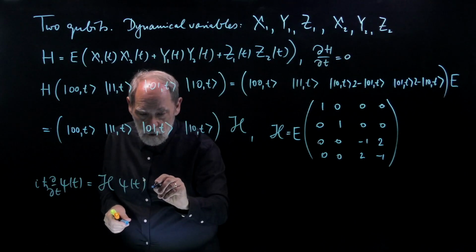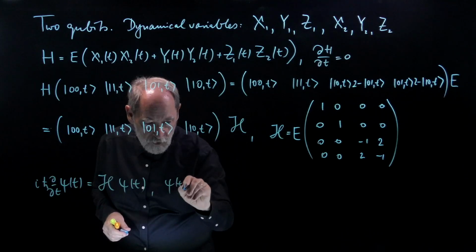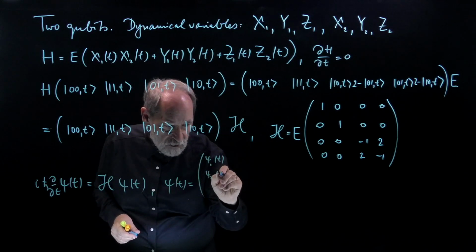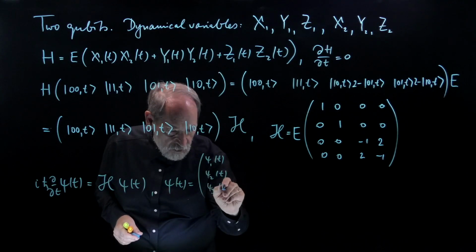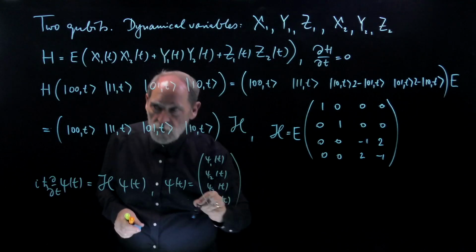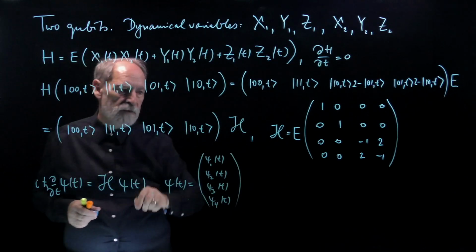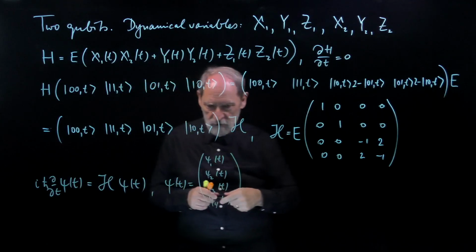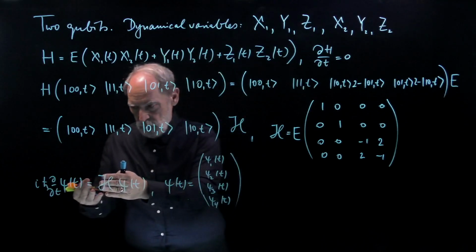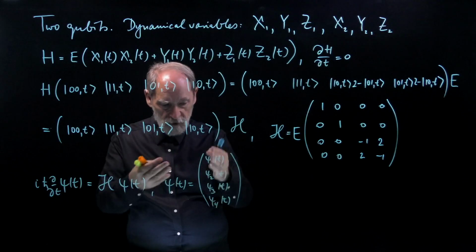So if we look at the components of psi, that's psi 1 of t, psi 2 of t, psi 3 of t, psi 4 of t, referring to the first, second, third, and fourth of the basis kets, we have equations for the time dependence of psi 1, psi 2, psi 3, and psi 4.